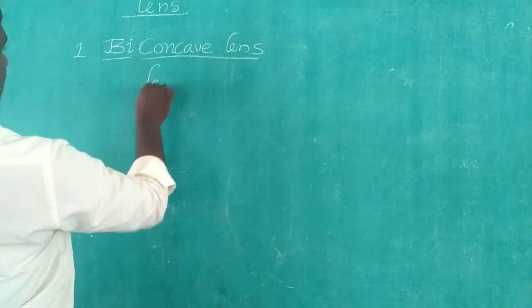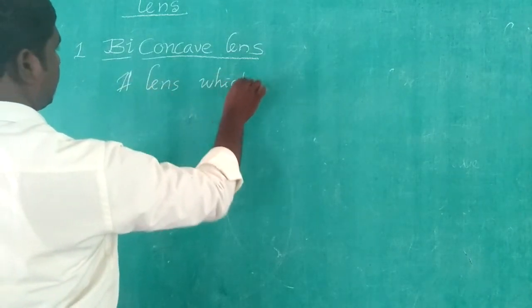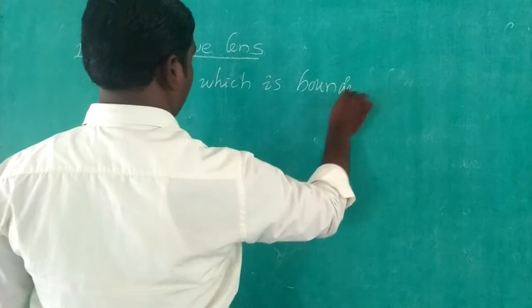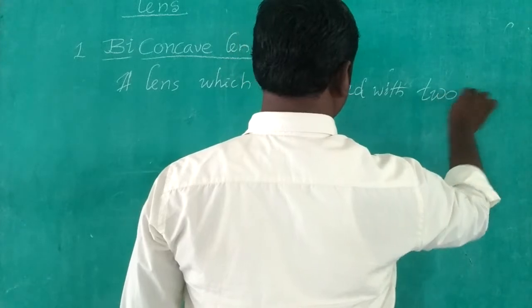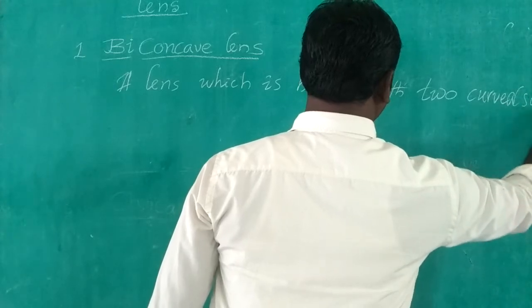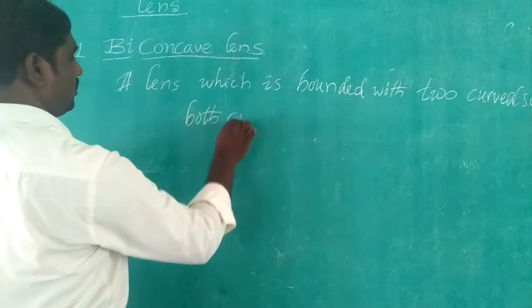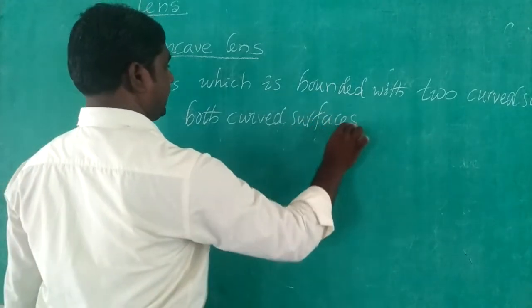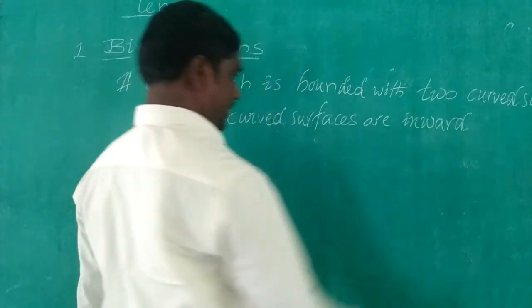Biconcave means a lens which is bounded with two curved or spherical surfaces, where both curved surfaces are inward.